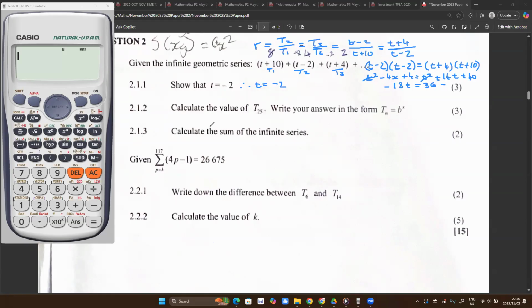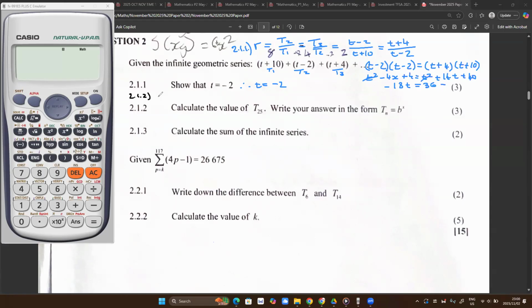Now they want the value of T25, and they want it in the form b to the x. So what do we need to get? Well, we need to get our ratio, don't we? Just so we don't get confused, I'm going to do these workings in black, because I don't want to run out of space.